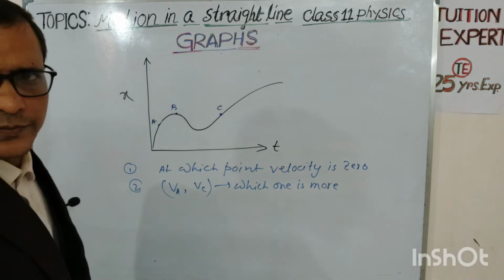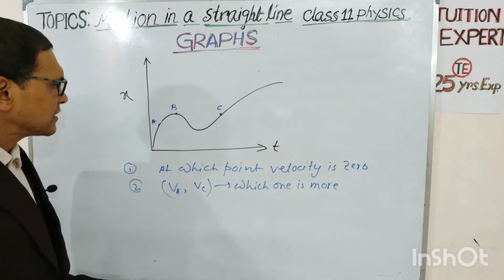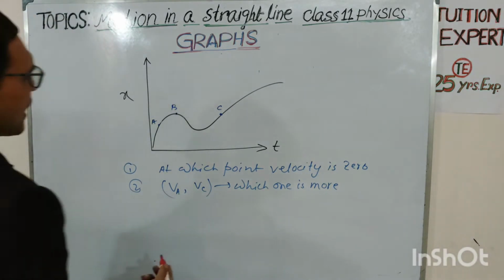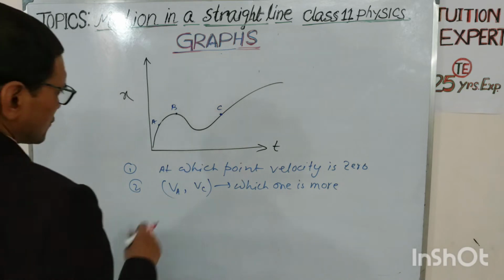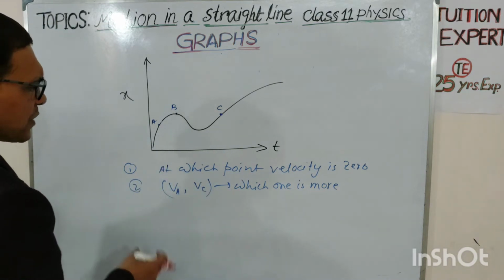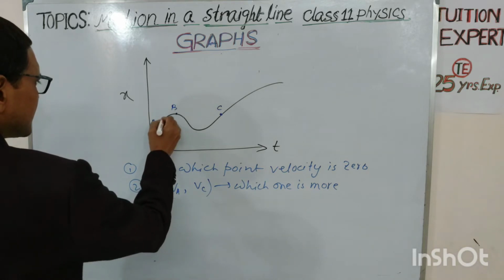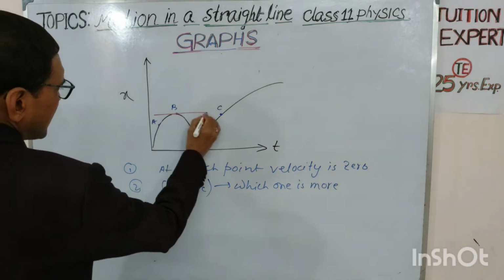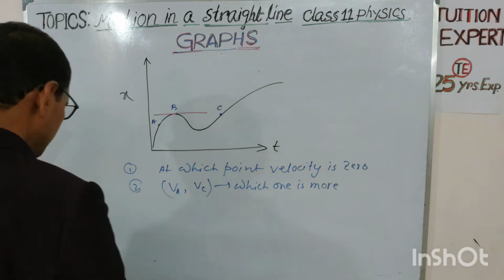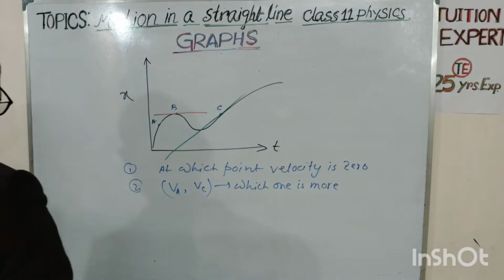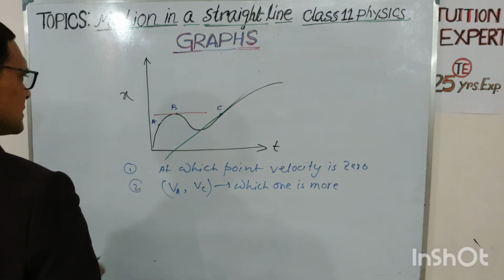So here this is a curve. To measure the velocity at a point, we have to draw the tangent. Suppose the tangent at B is here, and the tangent at A is like this.